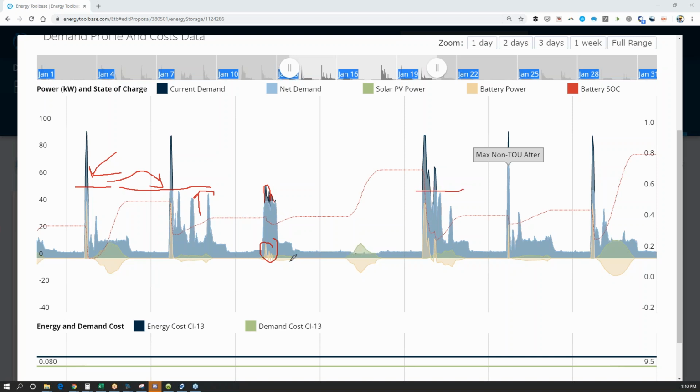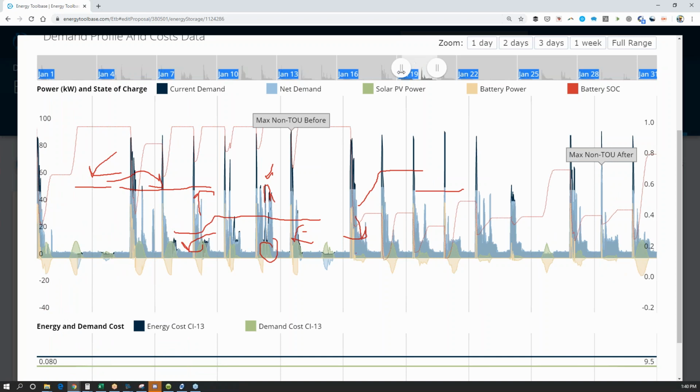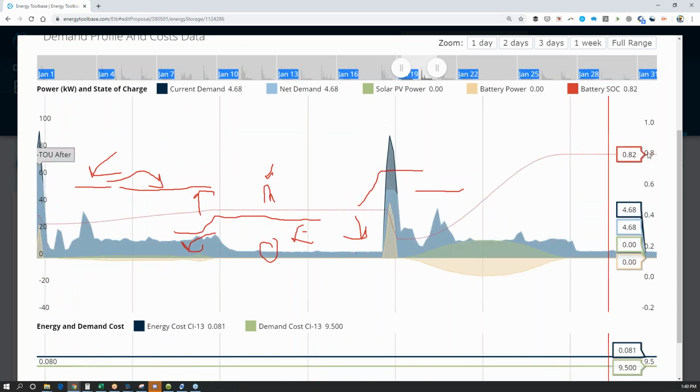Well, what's gone on is we've had a day of low production and the battery hasn't fully recharged. And then we have another day where we had to use the battery and it hasn't fully recharged. Then we have a day of not the best solar production, but the battery has been able to recover somewhat, but not quite as much as it was. Its full charge is right up here, kind of between the 80 and the 100, and this is still down.